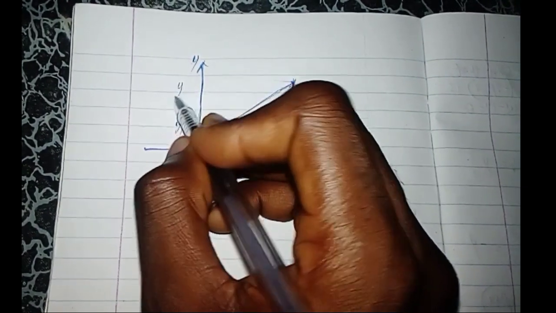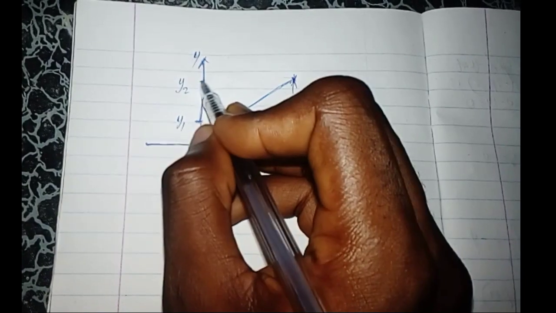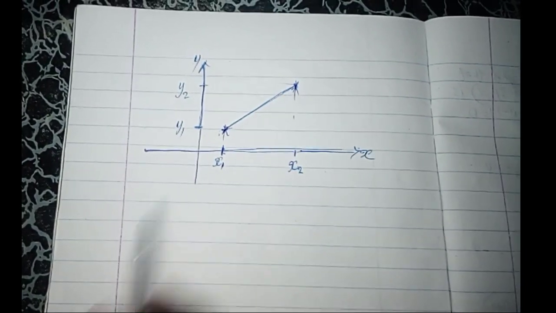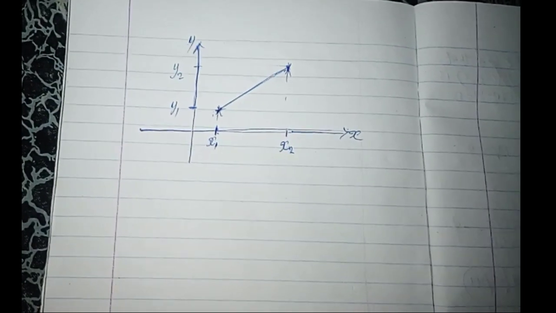With all of this, you can actually make out a triangle with this line.